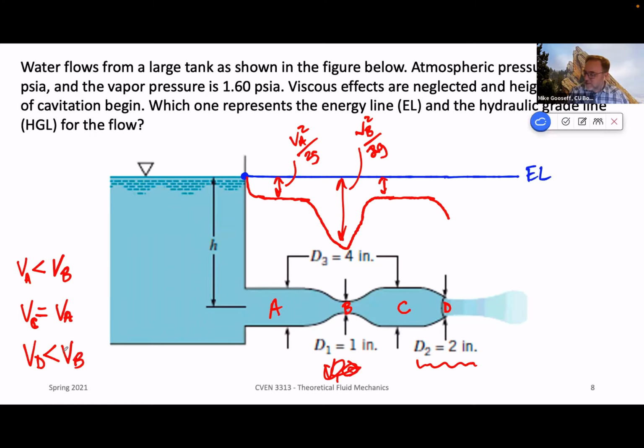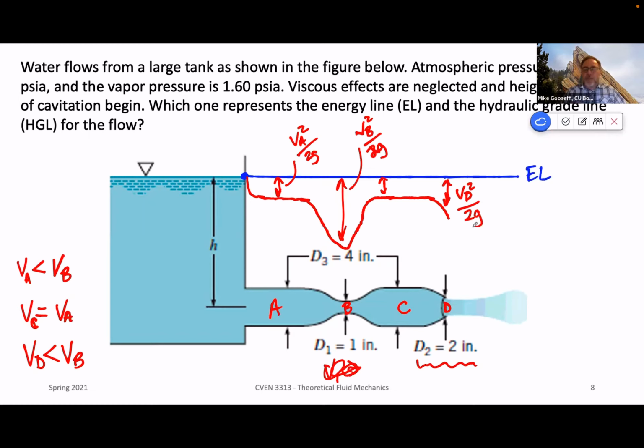Just because it's going to be greater than VC, greater than VA, but less than VB because the diameter here is 2 inches, not 1 inch, right? So the highest velocity occurs in this little neck here at B. So B will be the highest velocity, VB. So this distance here is VD squared over 2g, which will kind of be where it ends.